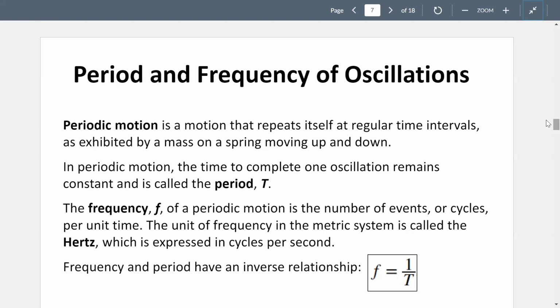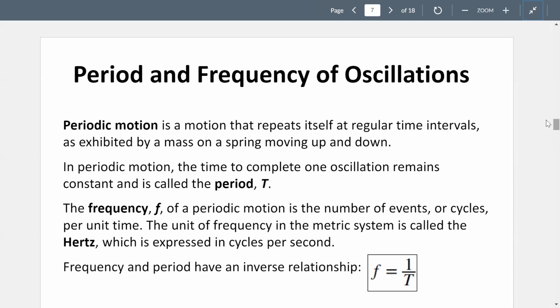Because circular motion, oscillatory motion, wave motion repeats itself at regular intervals. Okay, so it's repetitious. And the time for one oscillation is the period. When we talked about circular motion, the period was the time to make one trip around the circle. Here it is the time for one complete oscillation.